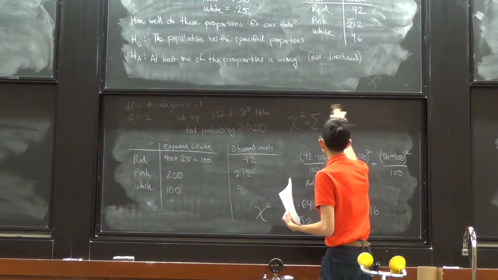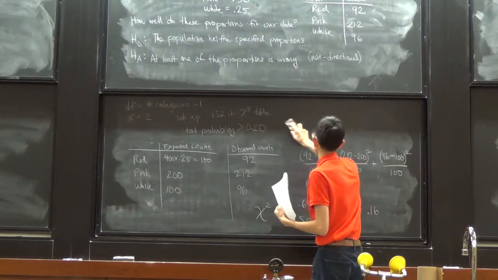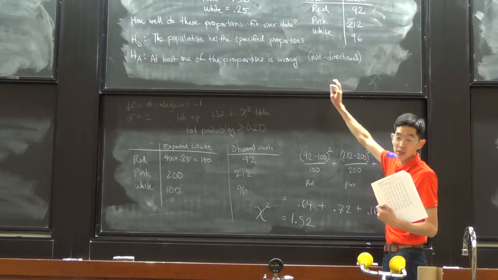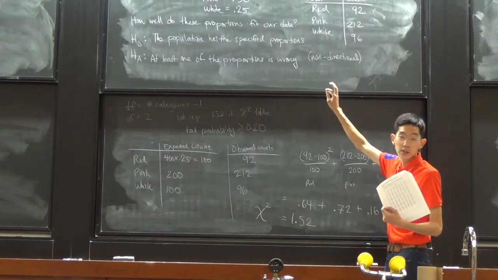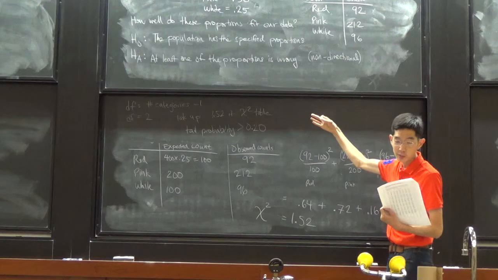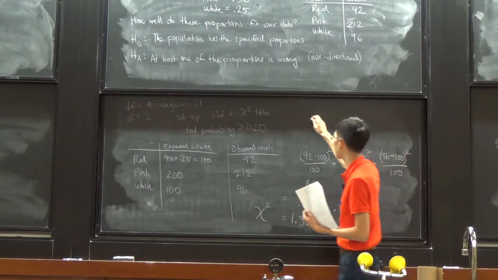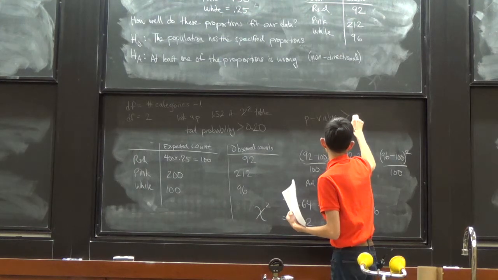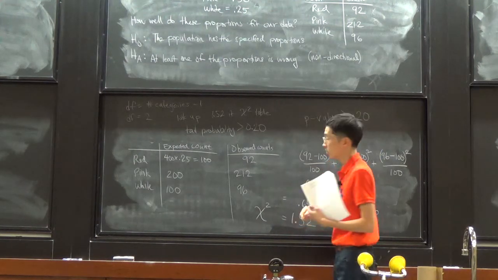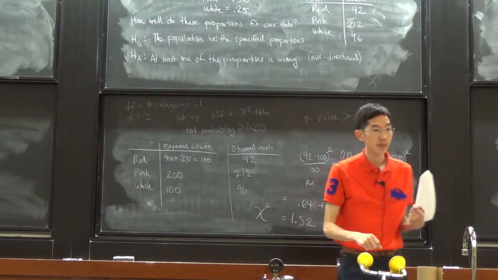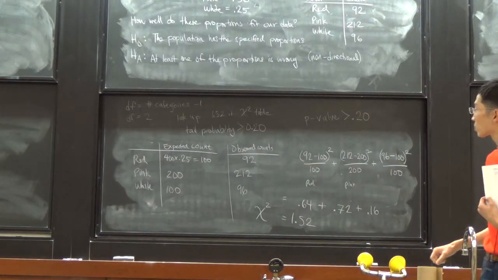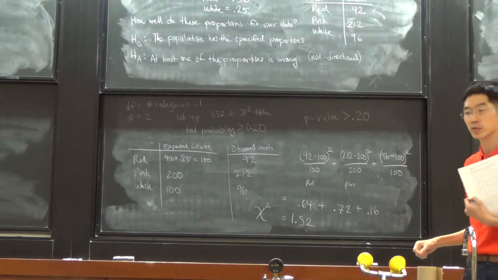But in this case, when you have a non-directional alternative, which I said that's what we have, our tail probability is our p-value. So in this circumstance, our p-value is greater than 20%.